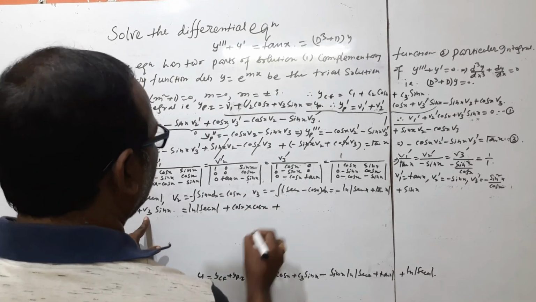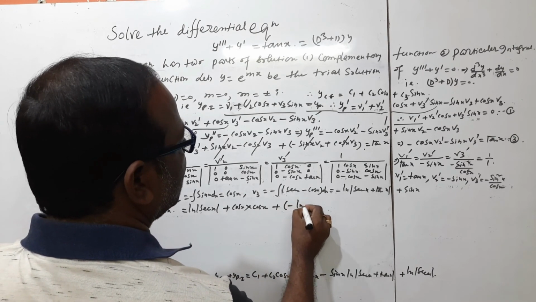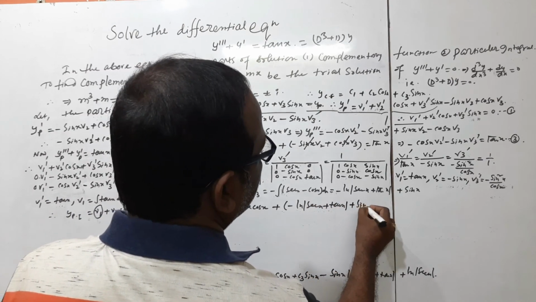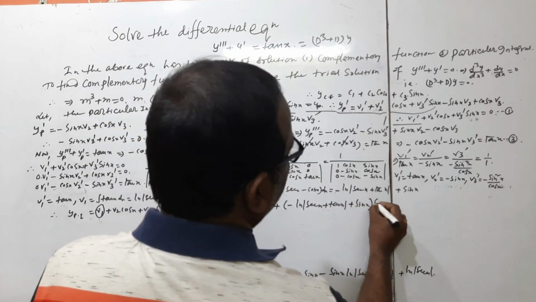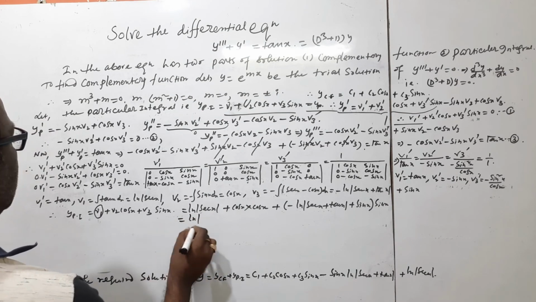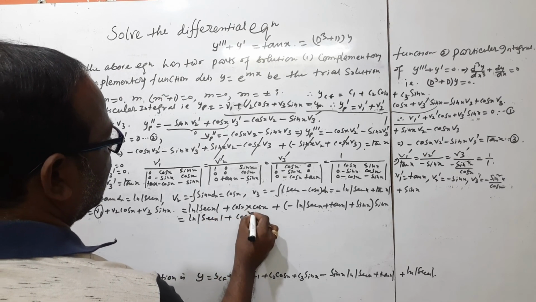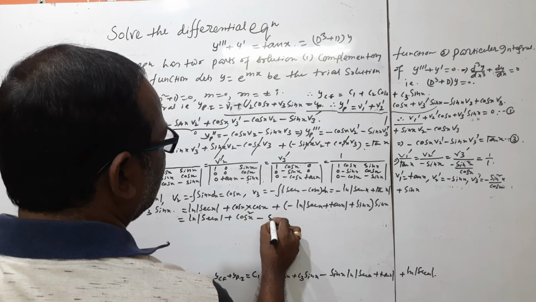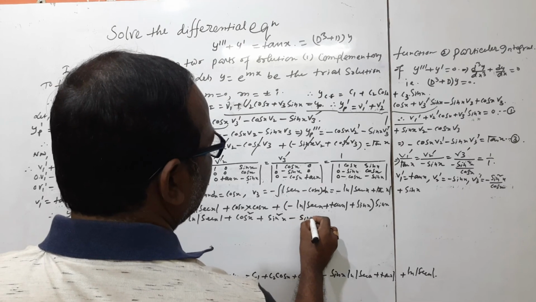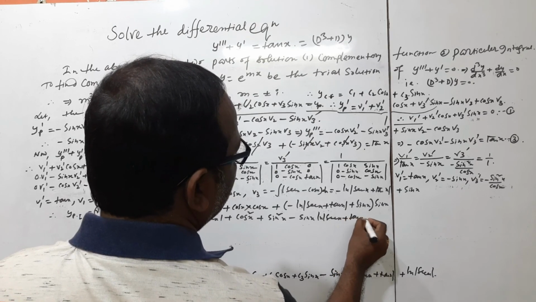Okay, v3 means the result of minus ln mod sec x plus tan x plus sin x, into sin x. Okay, rewrite the y_p, that is ln sec x, and this is cos square x plus sin square x minus sin x ln mod sec x plus tan x.